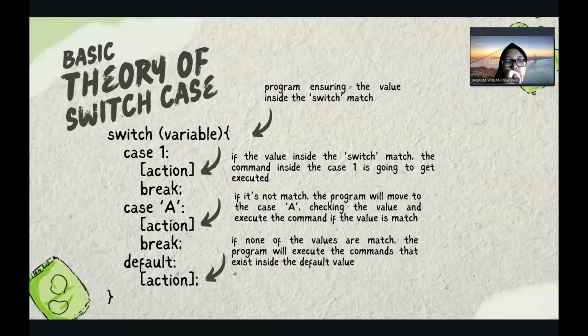There is another example. Assume that we have case 1 and case char A. The value assigned in the char variable is A. Because A is not equal to 1, case 1 is not going to be executed, and then we go to case A. Because A is equal to A, the program inside case A will be executed, and there's a break.